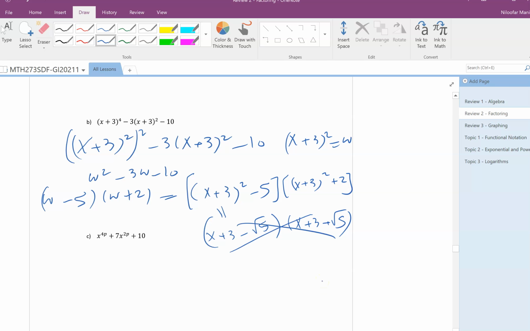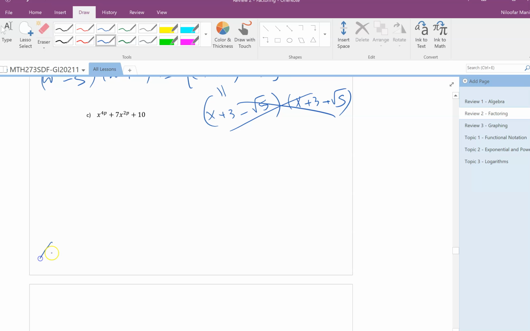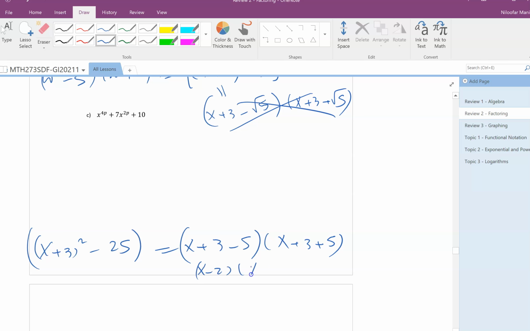But if you have x plus 3 squared minus 25, yes, you can factor. You can continue. So I can write it here. If you have x plus 3 squared minus 25, for example, then you can say this is x plus 3 minus 5 and x plus 3 plus 5, which is x minus 2 times x plus 8.